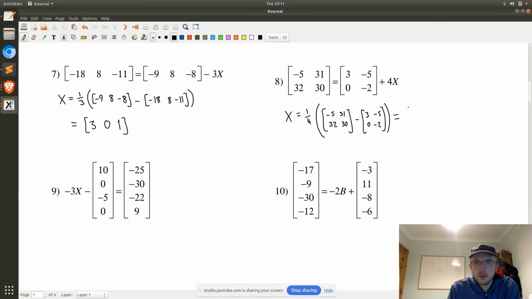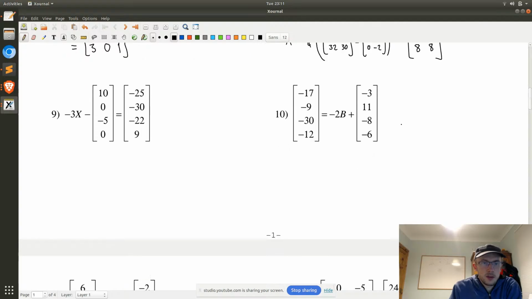Minus 8. 31 plus 5 is 36, divided by 4 is 9. 32 is 32, 8. Good.